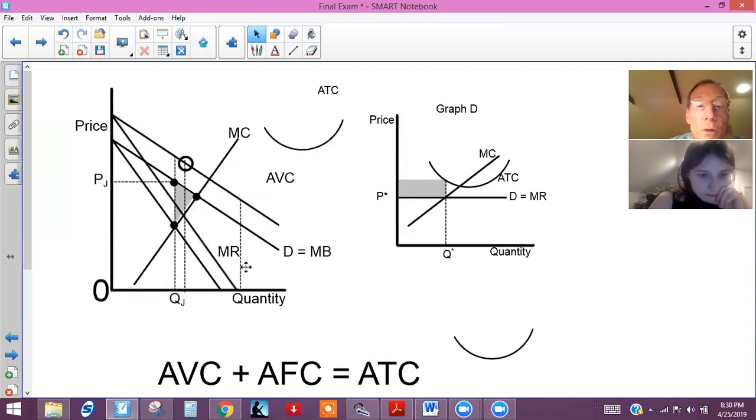So this is going to be elastic, because when marginal revenue is greater than zero, that means as you produce more, total revenue is going up, right?